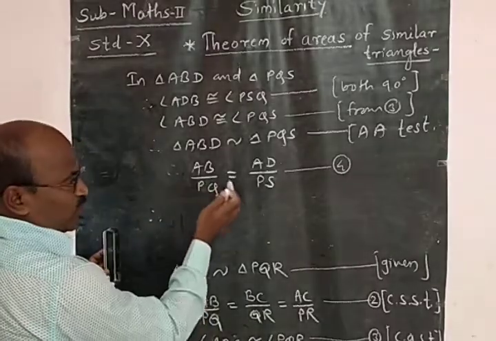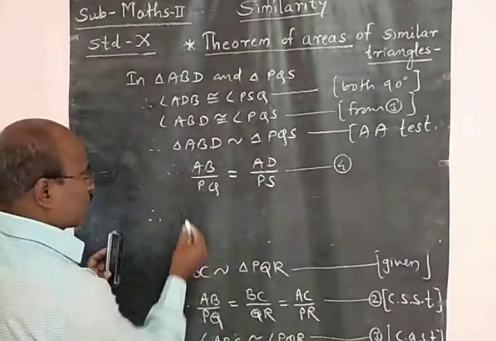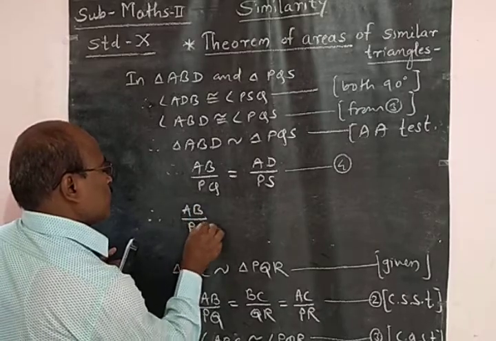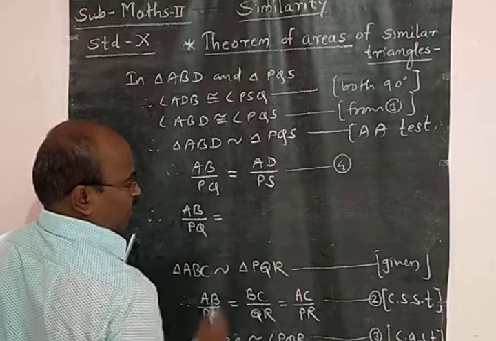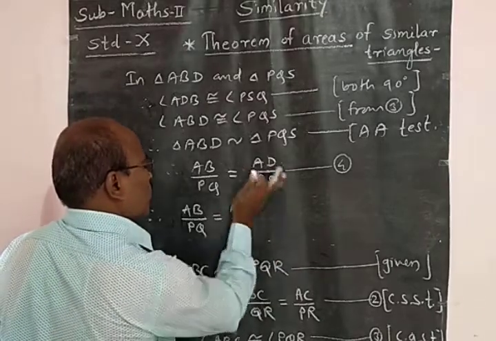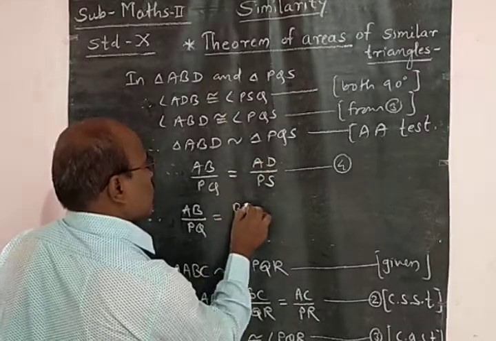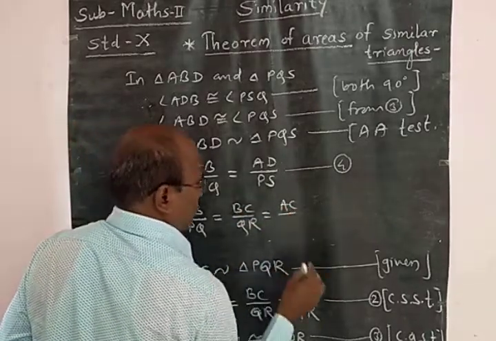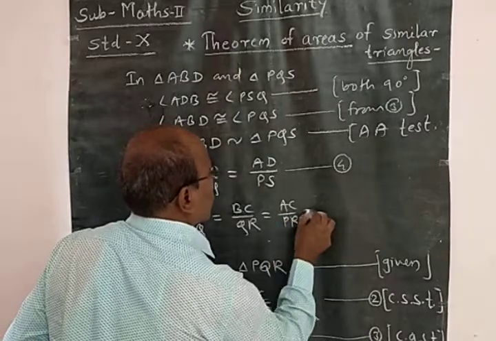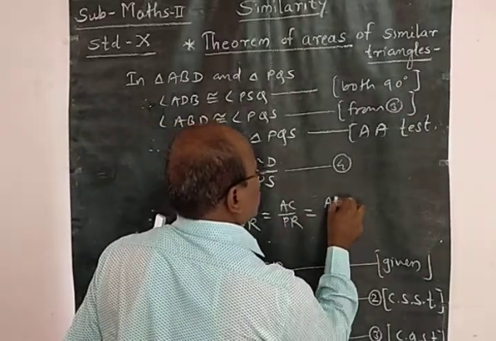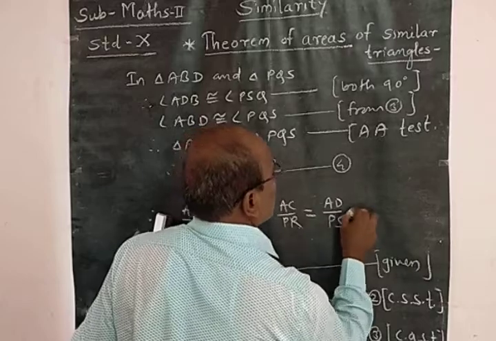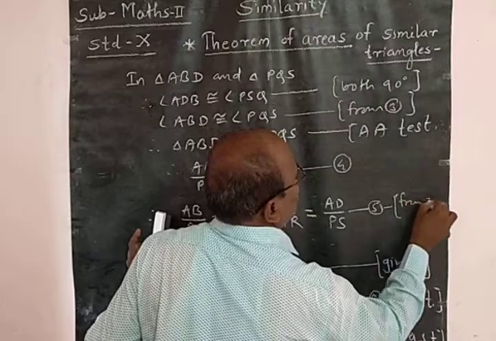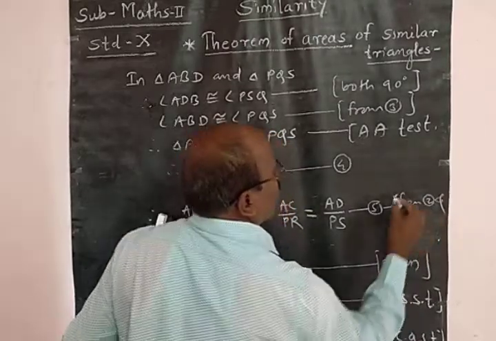So from second and fourth, AB upon PQ is equal to BC upon QR is equal to AC upon PR is equal to AD upon PS. Say this as 5 and write the reason from 2 and 4.